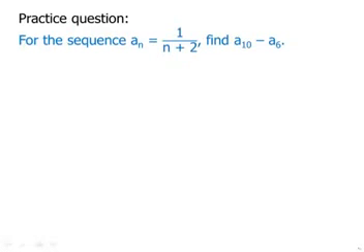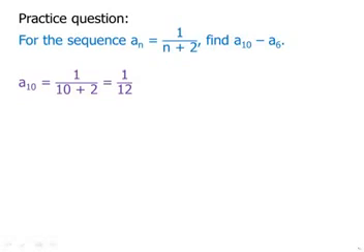Here's a practice question. Pause the video and then we'll talk about this. So the test likes these algebraic sequences that are defined in terms of fractions of some kind. So here we get an algebraically defined sequence. We want to find the difference of two terms. So first we have to plug in n equals 10 and n equals 6.